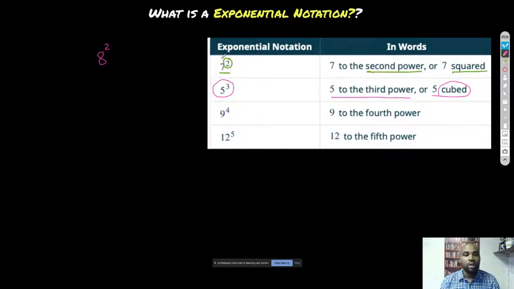And the reason why we can call this a square is because later on we'll learn that 8 squared is really talking about a square with a side of 8, because 8 times 8 will tell us the area of that square.